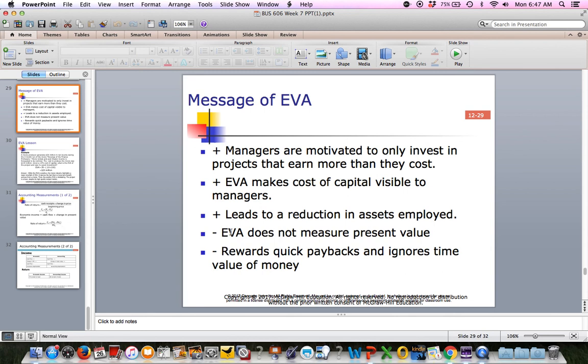The top 3 are good for EVA. The bottom 2 might be drawbacks, because EVA does not take into account present value and rewards quick paybacks by ignoring the time value of money. However, the good typically outweighs the bad. You only want to invest in projects that earn more than they cost.